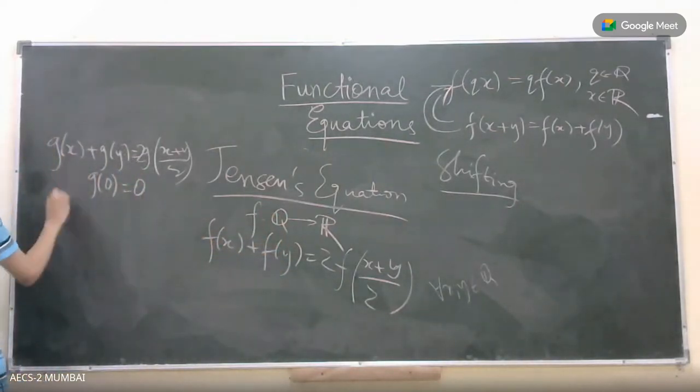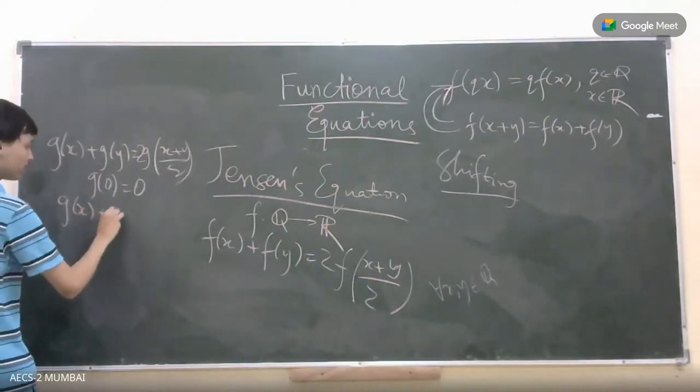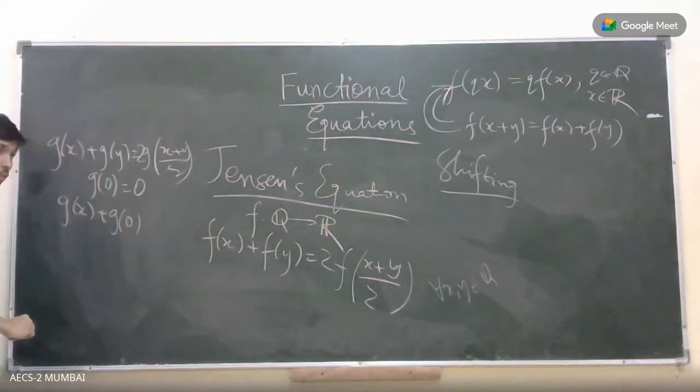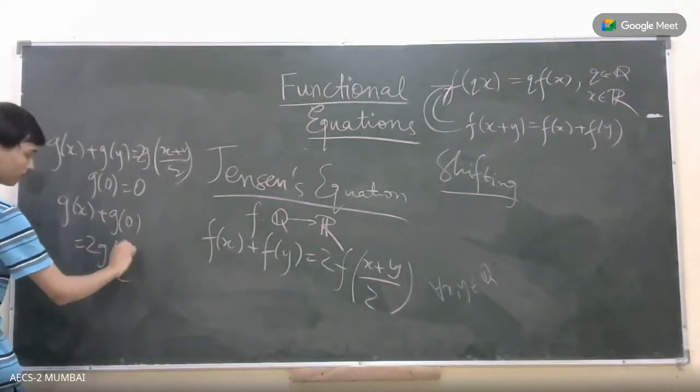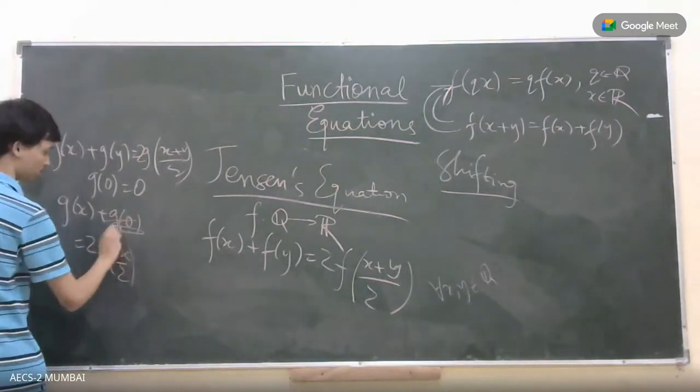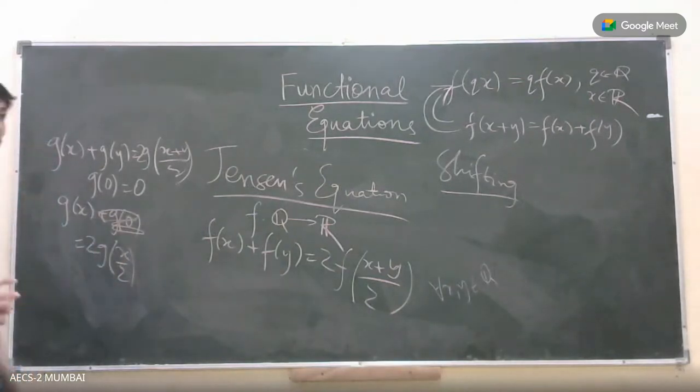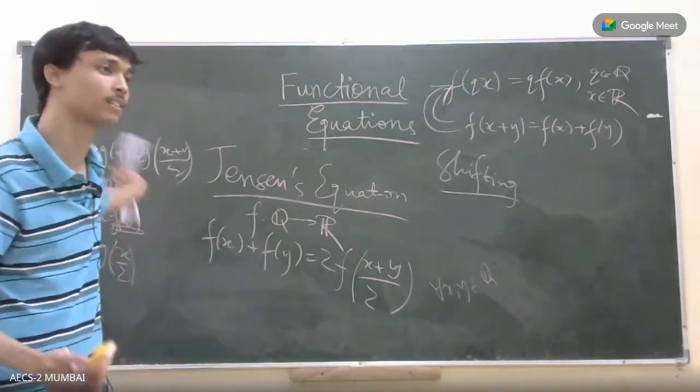So what do we get? g(x) + g(0) equal to what? 2g(x/2). What is g(0)? So what do we get? g(x) = 2g(x/2). This is a nice thing to do.